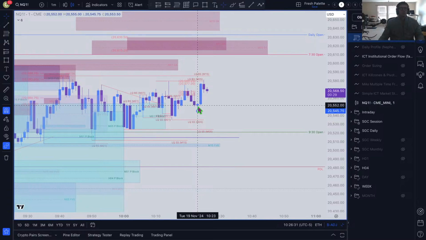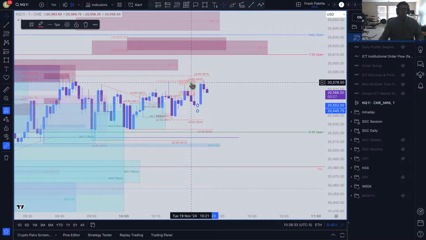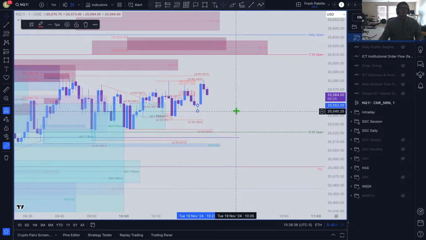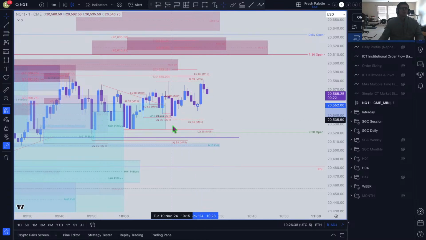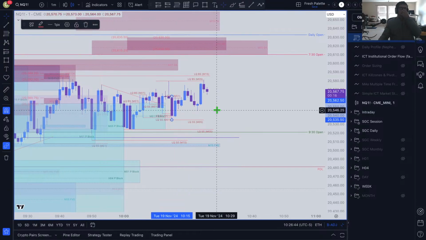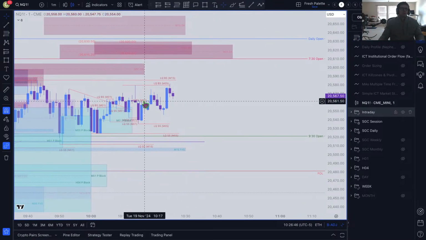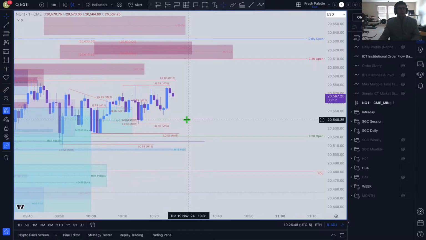It was a bull impulse on the one, but you've already reached the distribution area of that impulse. Arguably, this impulse is holding, but I wouldn't want to trade it without a sweep of this sell side liquidity on the 1 minute.